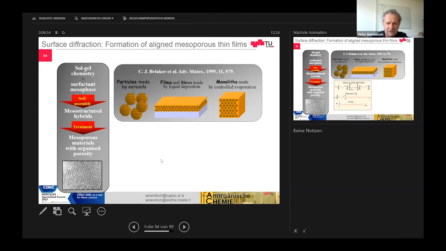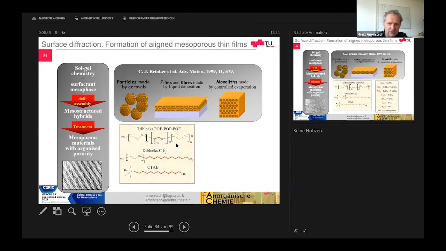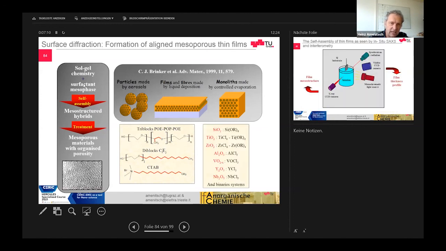And what is interesting, you just need to change the surfactants. So the surfactant is determining the pore size. You can tune the pore size by changing the surfactants, and by changing the inorganic precursors in the sol-gel chemistry you can modify the wall constitution.